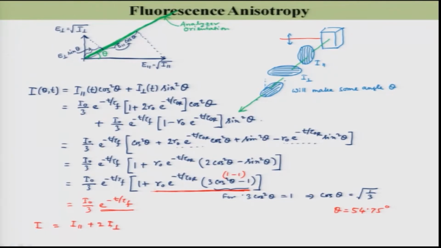Just put all these values, I mean the expressions of I parallel and I perpendicular, and simplify it. You will also get that only the tau f term is there. In this case, you have to measure 2 times, but at the magic angle, if you put this angle during measurement, then you have to measure only a single time. The result is the same, right? And this angle is a special angle, and this angle is known as the magic angle.